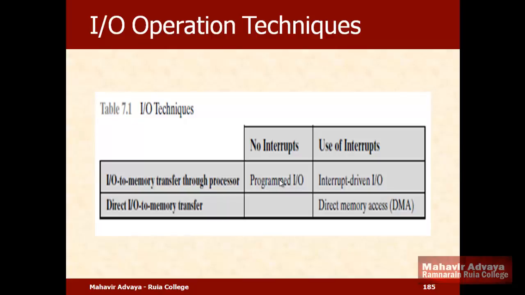To avoid the intervention of the processor every time in moving data to and fro between the input-output devices and the memory, a new technique introduced is direct memory access. Direct memory access allows the movement of data from input-output devices to the memory without the intervention of the processor.